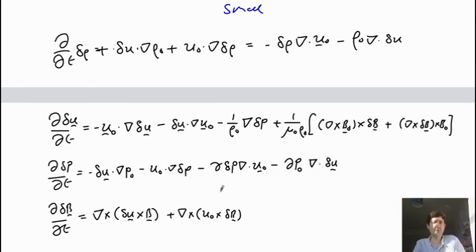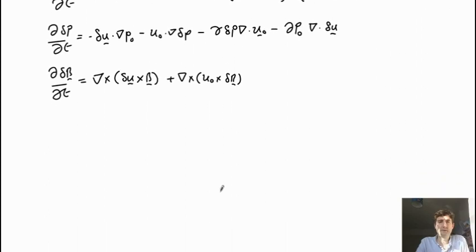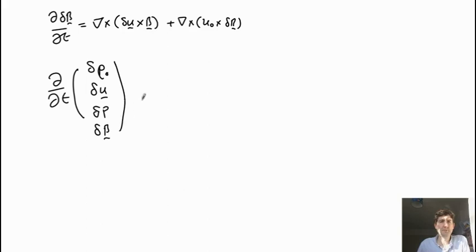Okay, so all these terms we can then write as a set of coupled equations. So there are various ways of doing it. One way of doing it is to write all this as just one big matrix operator. So we have a state which consists of a mass density perturbation, a velocity perturbation, pressure perturbation, and a magnetic field perturbation.